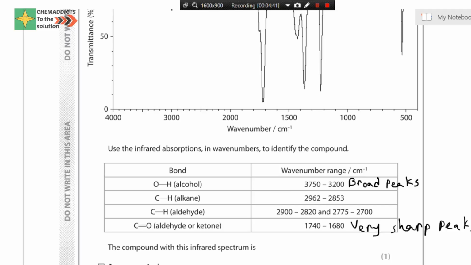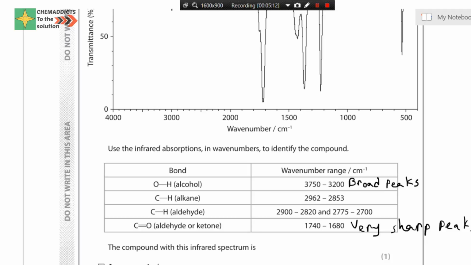For the bond of alcohol, we are expected to find broad peaks around this range. And for aldehyde or ketone, we are expected to find very sharp peaks around this range. Am I clear? I hope so.